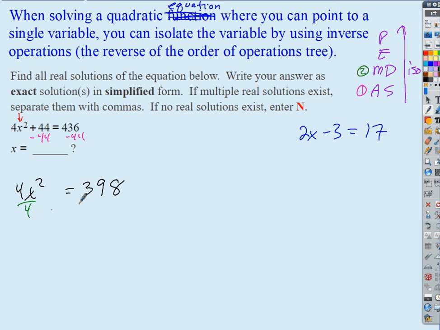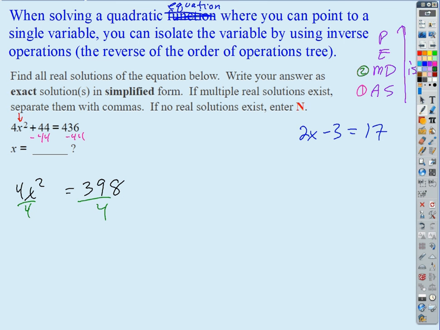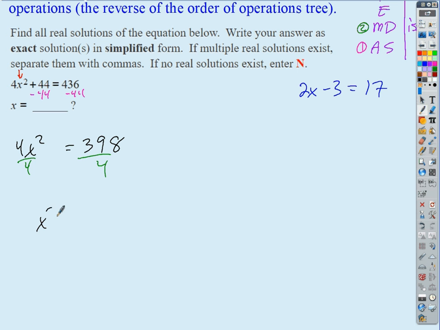I'll divide each side by 4, and that's going to give me x squared equals, let's do our trick. 4 goes into 39 how many times? 9, with how many left over? 3. Okay. And then 4 goes into 32? 8 times. Okay. So good, we're getting there, right?